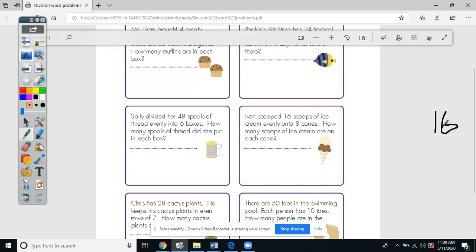That's how many he scooped all together. Okay, so he scooped 16 scoops of ice cream evenly onto 8 cones. So 8 will be our divisor because he scooped 16 scoops of ice cream for 8 cones.